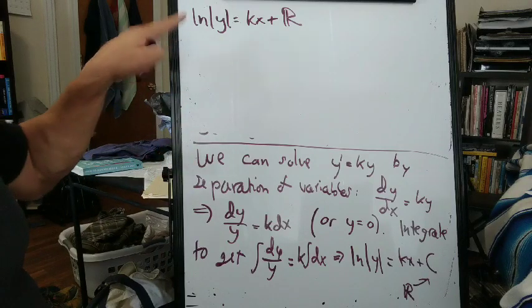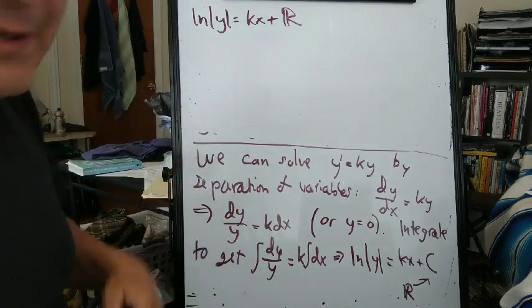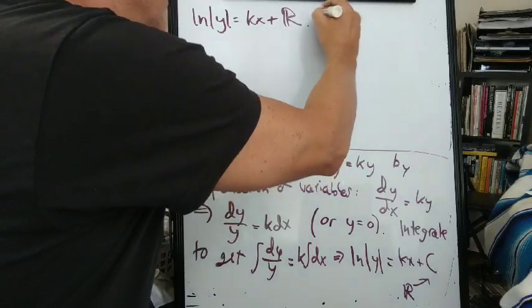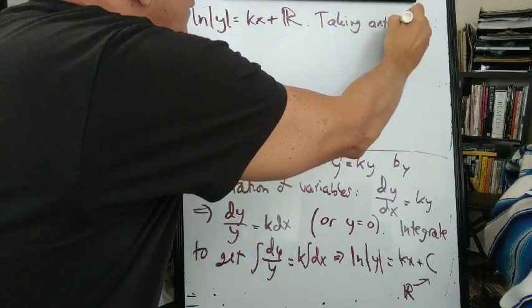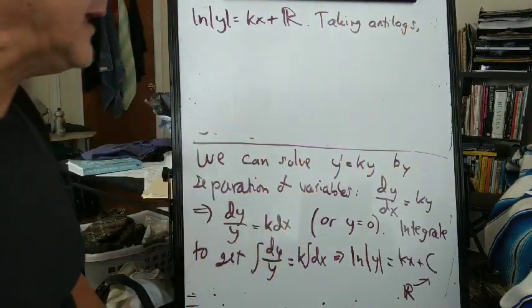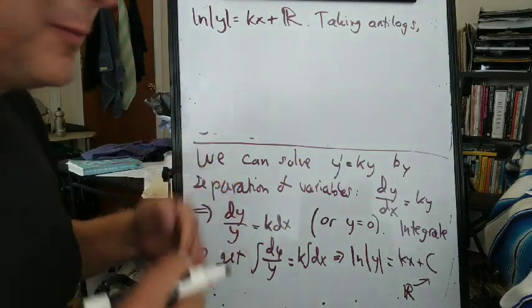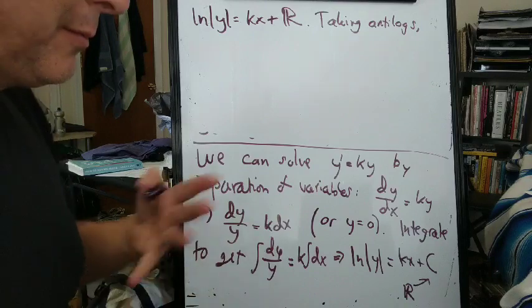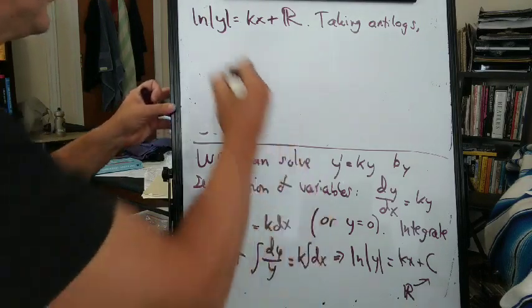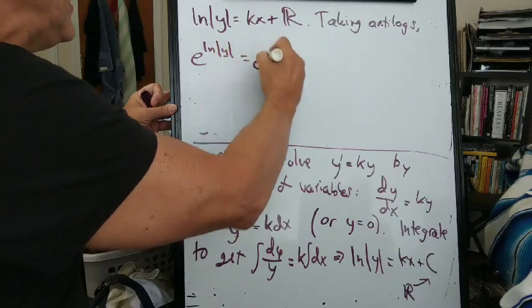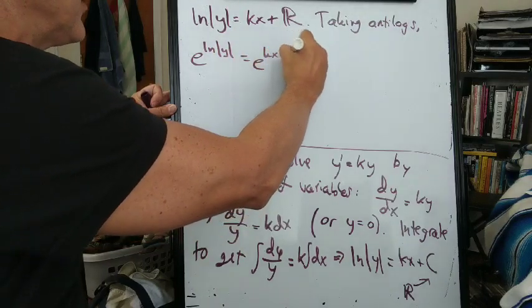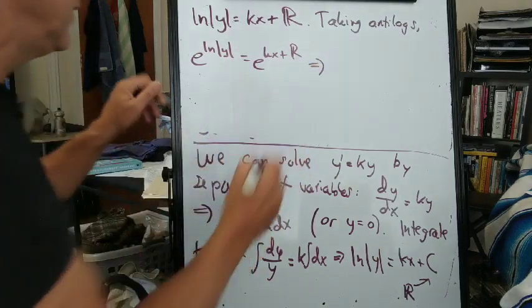So to solve for y when it's inside a log, we take antilogs of both sides. Antilog of both sides is e to the both sides. So e to the log of absolute value of y equals e to the kx plus all real numbers.